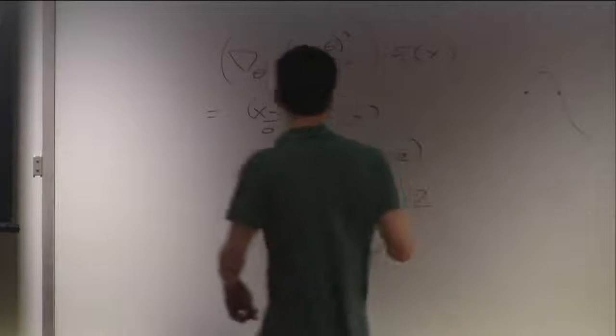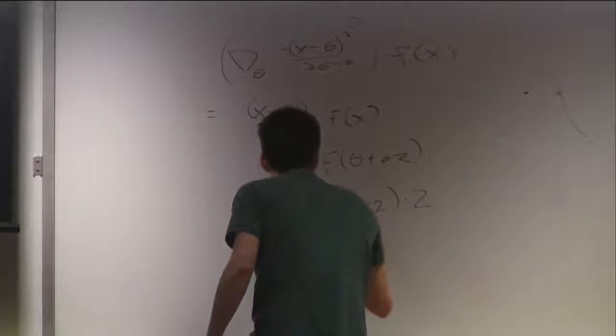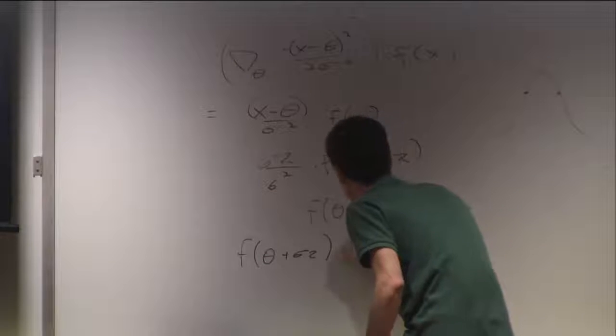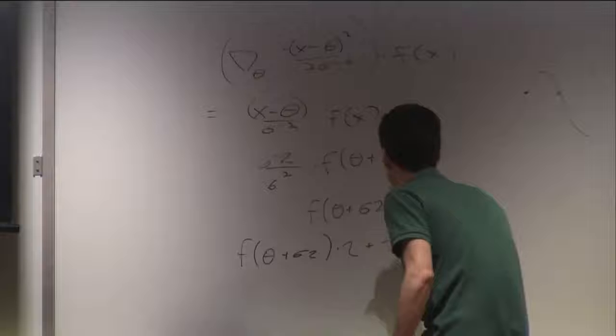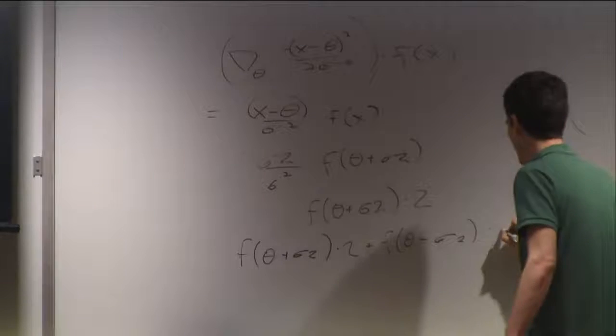So let's say we do antithetic sampling. Then we're going to take f of theta plus sigma z, and that's times z, plus f of theta minus sigma z, and that's times negative z.